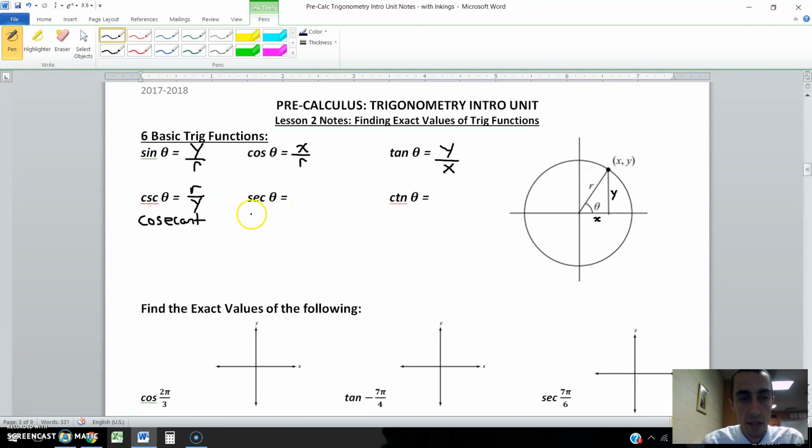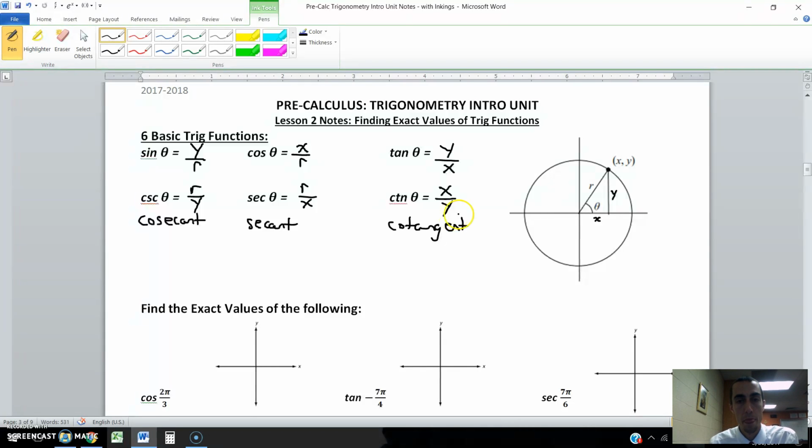Next up, secant, SEC, not the Southeastern Conference, but the trig function. Secant is spelled like that, and it's the reciprocal of cosine. So that's r over x. Next up, cotangent, spelled like tangent, but with a CO at the beginning, is the reciprocal of tangent, and that is x over y.